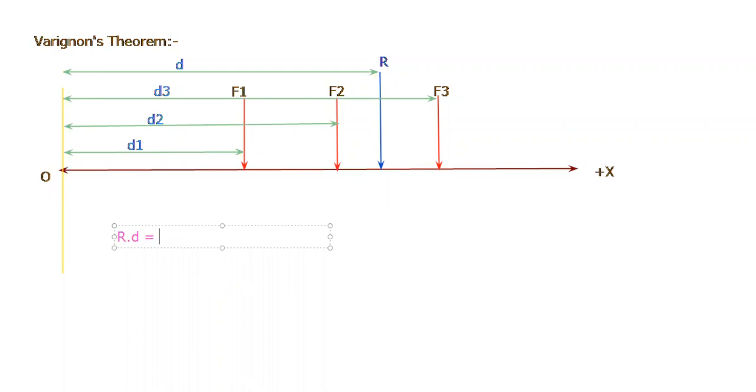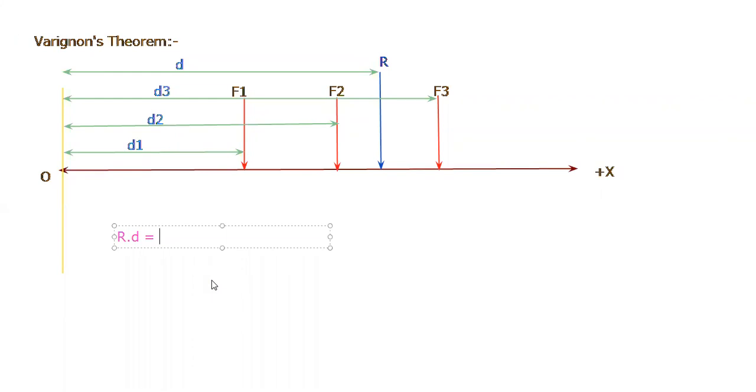So R into d, which is the moment by the resultant force, capital R multiplied by the distance d, is equal to the moments by the individual forces, that is F1 into D1 plus F2 into D2 plus F3 into D3. This is the summation of moments by the individual forces, and this is nothing but Varignon's theorem.